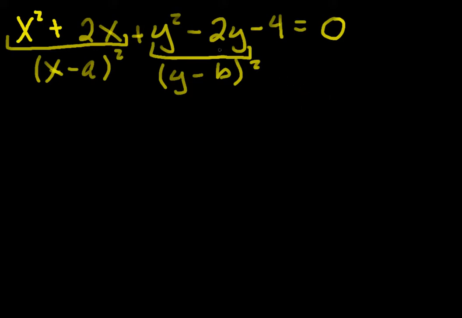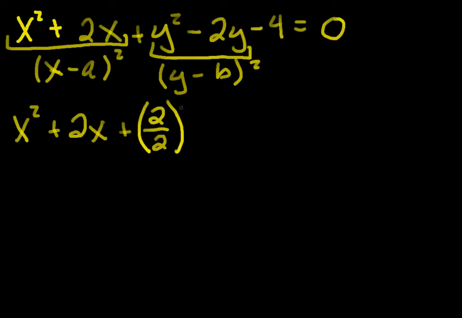So if you recall, if I complete the square, I take the term in front of x, divide it by 2, and square it. So this equation can be rewritten as x squared plus 2x plus, and you take that same term and divide by 2, which of course is 1, and square it.